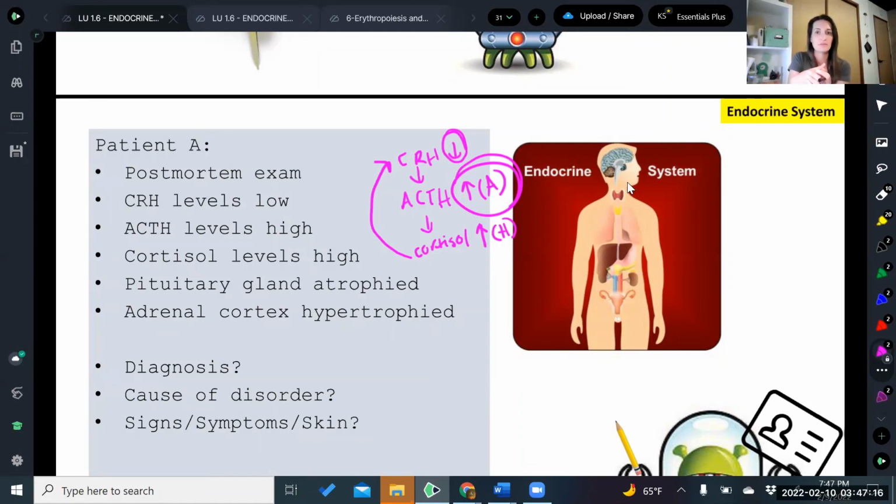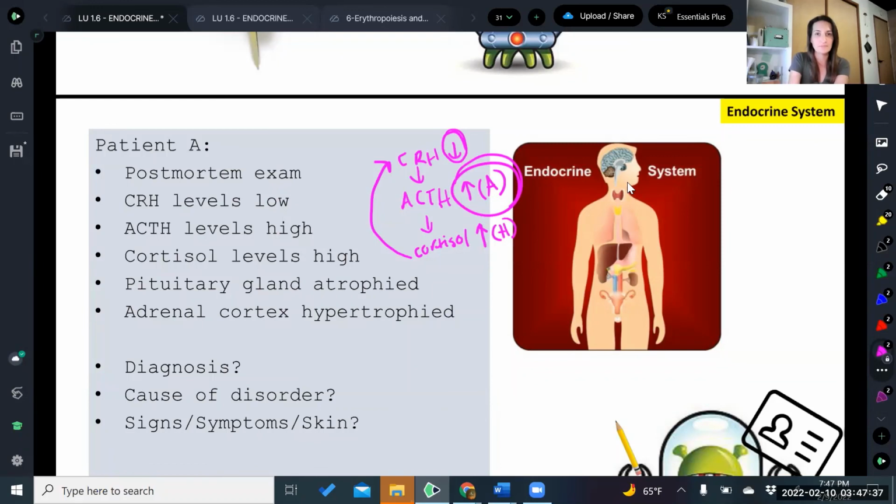If we see high levels of a hormone, but gland atrophy for the gland that produces and releases that hormone, those two factors combined tell us that that hormone is being injected. It's exogenous. Right? Does that make sense?